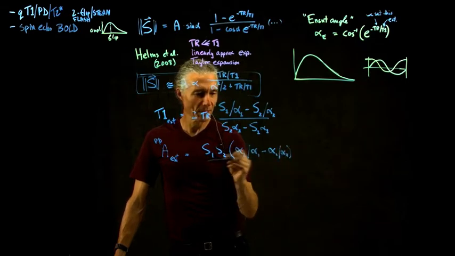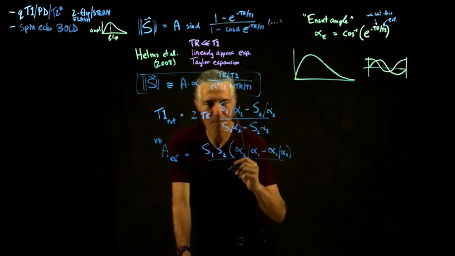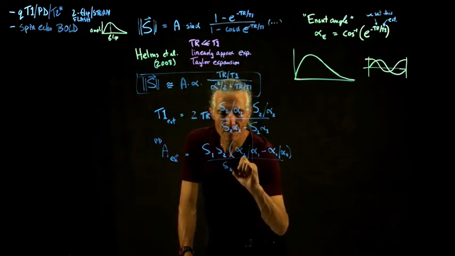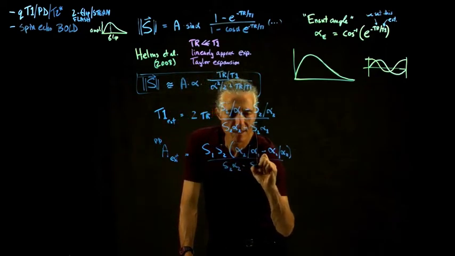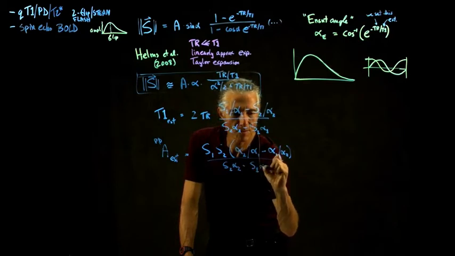Those are our flip angles, and the whole thing is divided by the same thing as above, S2 alpha 2 minus S1 alpha 1.